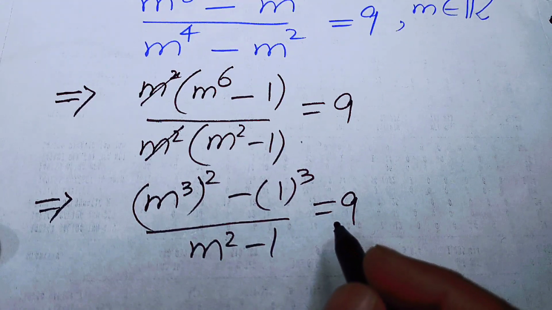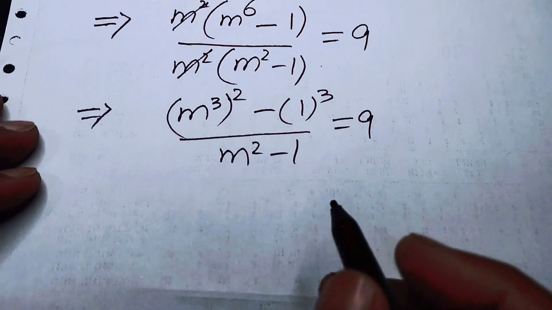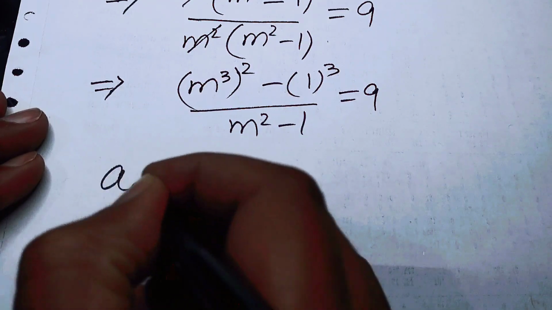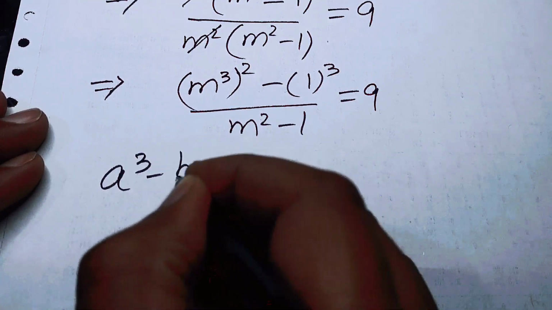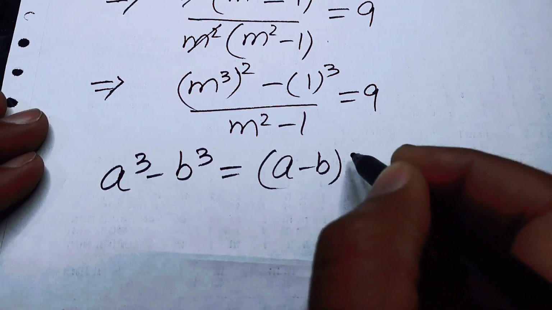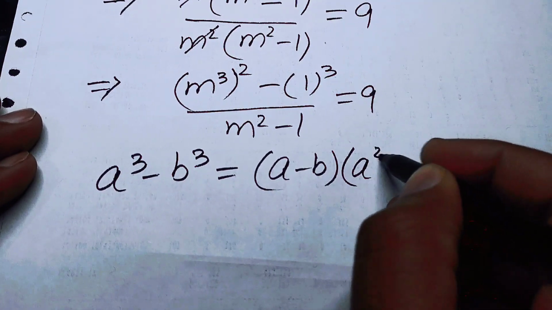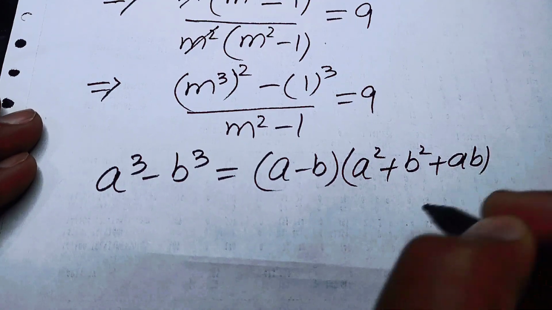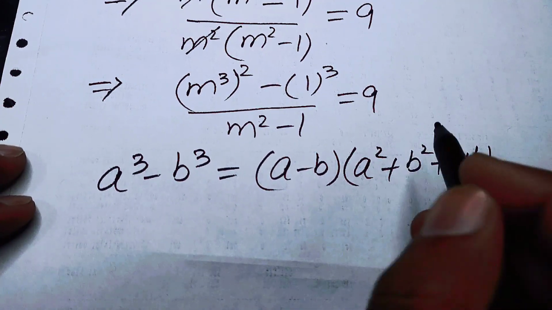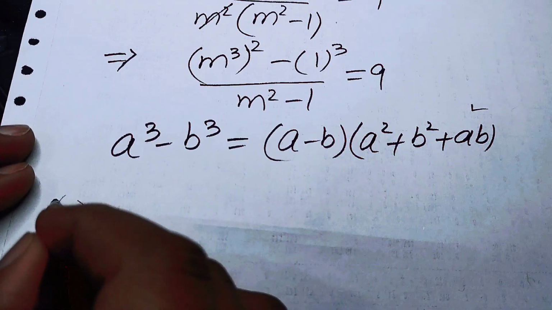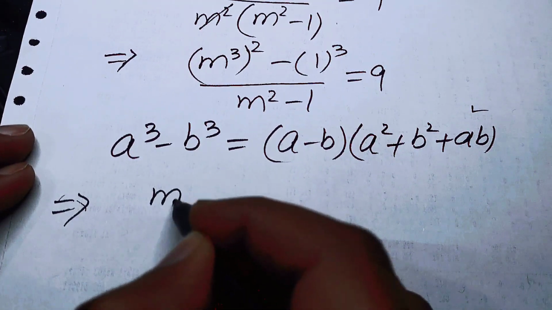And after that, we can apply the famous cubic formula, and you know that a cube minus b cube is equal to (a minus b) times (a square plus b square plus ab). So now we can apply this cubic formula on the numerator.